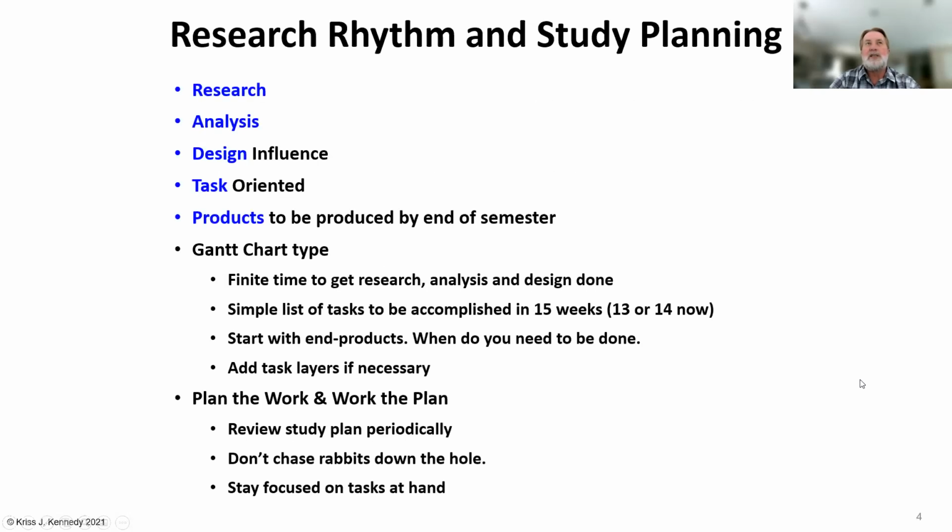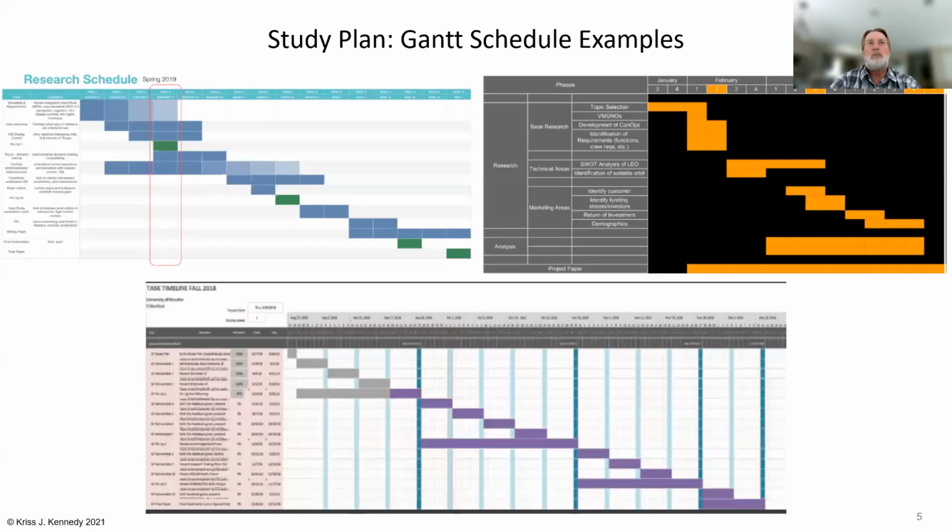So this is the aspect of research rhythm and study planning, research analysis and design, being task oriented, and thinking about the products that have to be produced, and then overlaying that with the tasks to be done. And these are examples of that have been done in the past, and I did receive a lot of them today. Thank you.